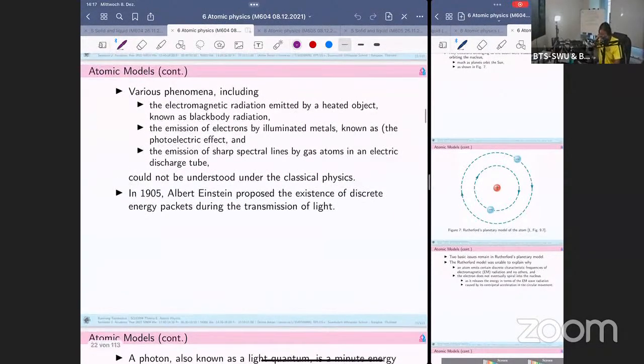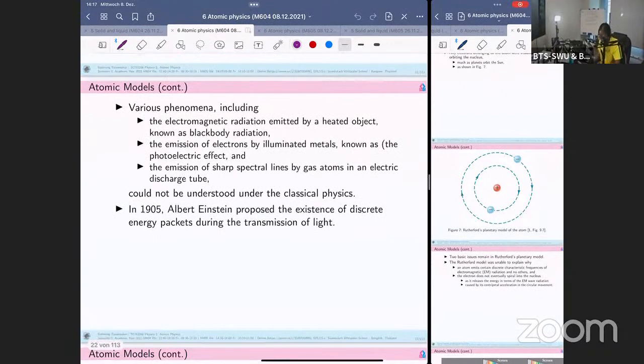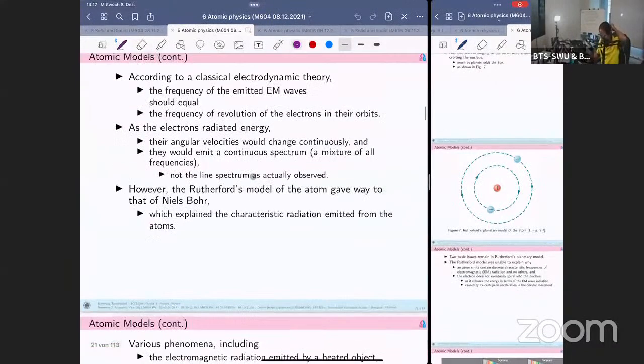Let's draw some conclusions. Various phenomena like the electromagnetic radiation emitted by a heated object, known as black body radiation, the emission of electrons by illuminated metals, known as the photoelectric effect, and the emission of sharp spectral lines by gas atoms in an electric discharge tube, which is this one.